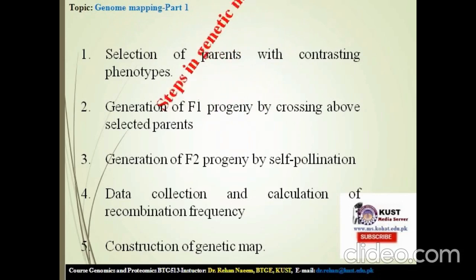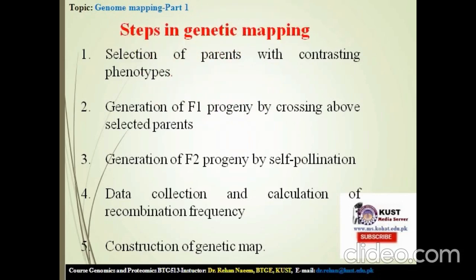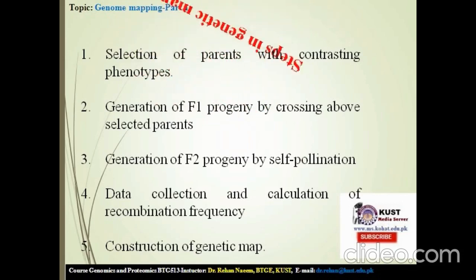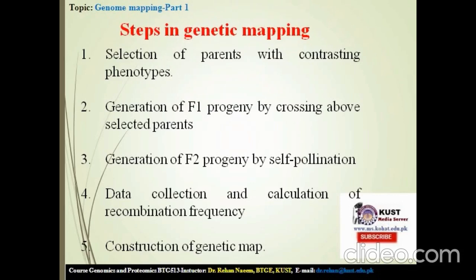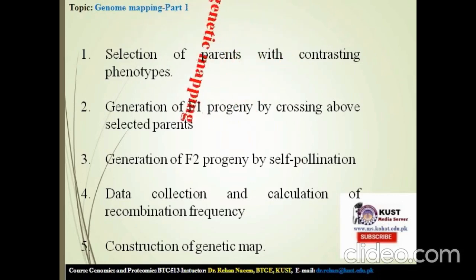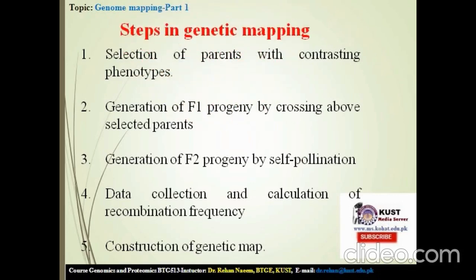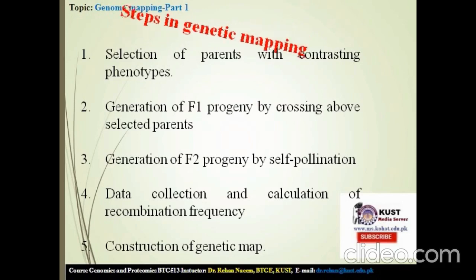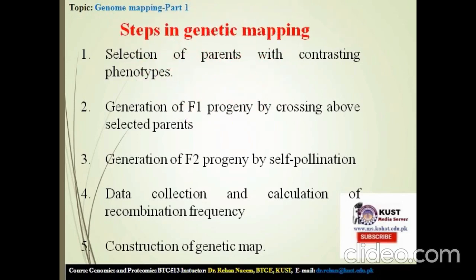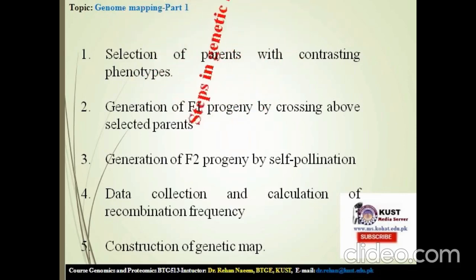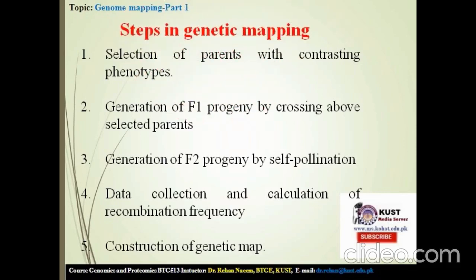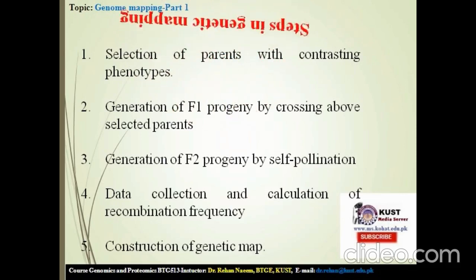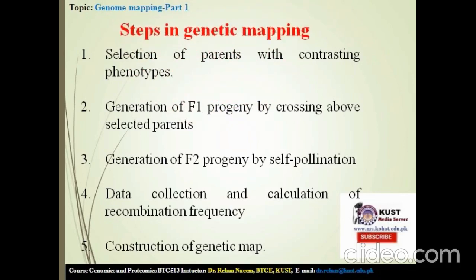For making genetic maps, we have some criteria. The utmost criterion is contrasting phenotypes. Parents with contrasting phenotypes are utmost important for making genetic maps. As you know, Mendel used contrasting phenotypes like tall or dwarf pea plants.